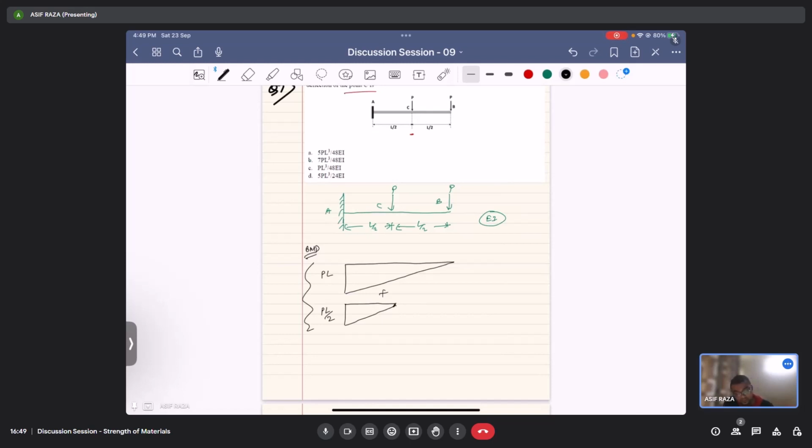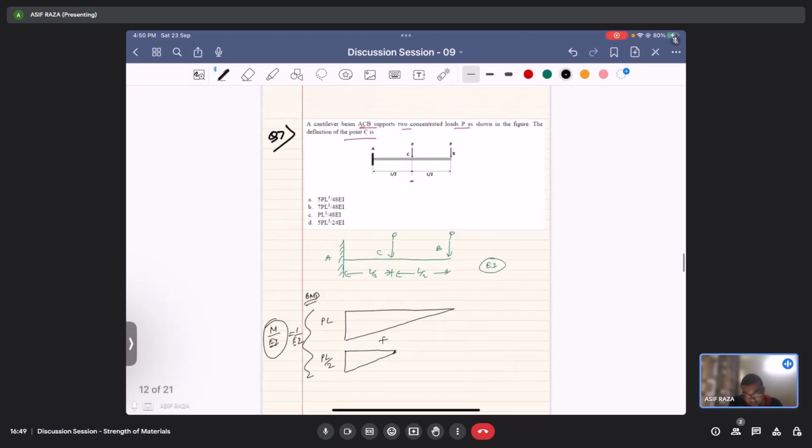The M by EI diagram can be generated by just dividing this by EI altogether.